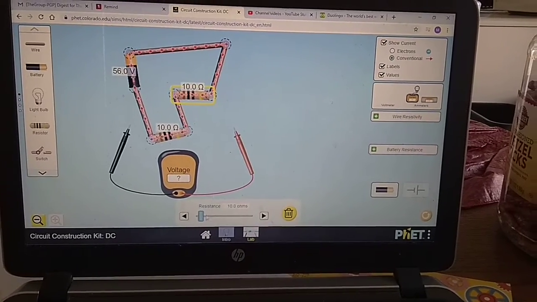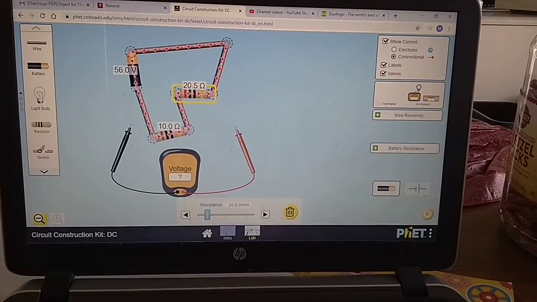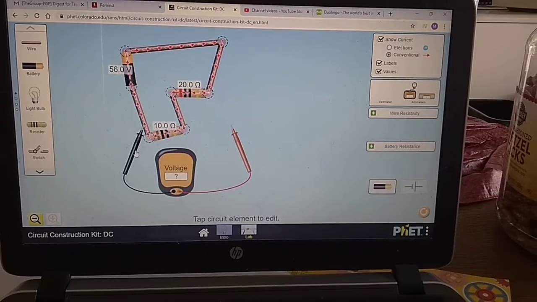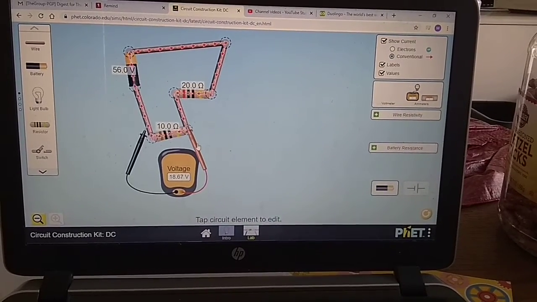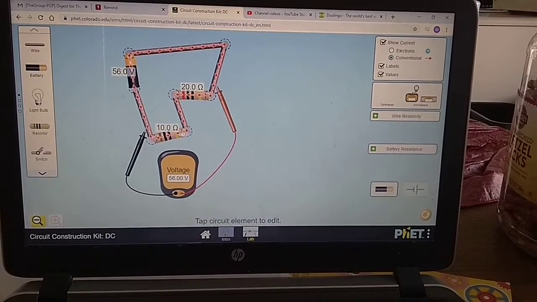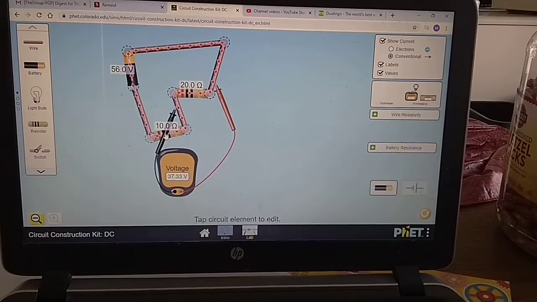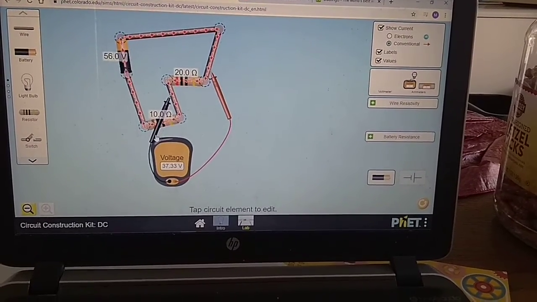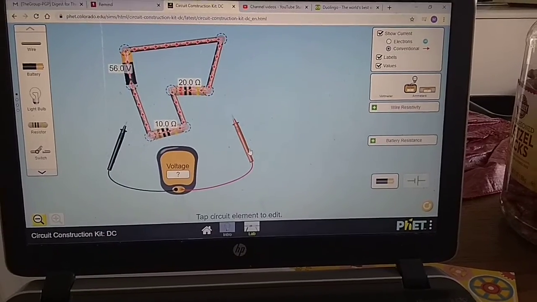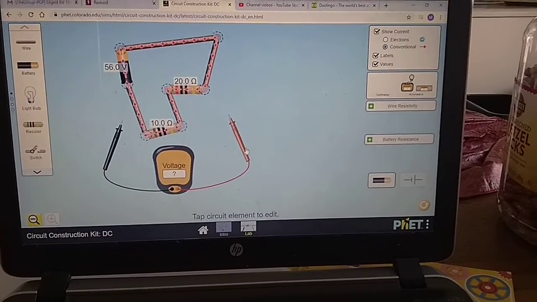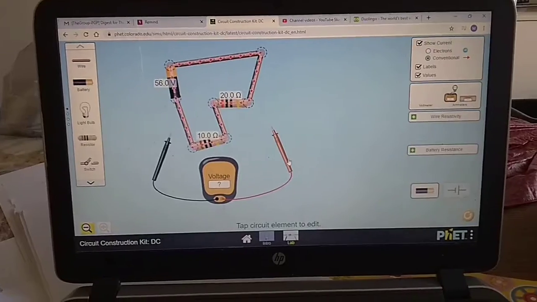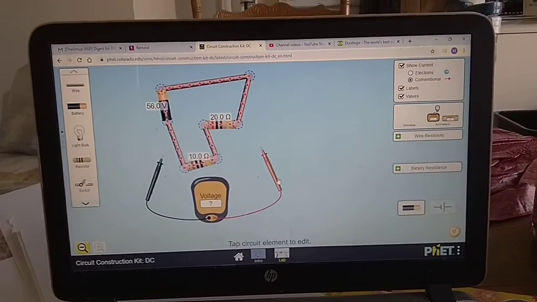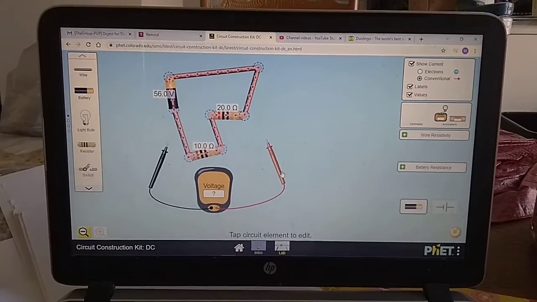Even if I change the resistance here, let's change this to 20, I should still find the same thing. 18.67, 37.33. Some quick math in my head tells me that adds to 56. So the voltage gain inside a battery is equal to the voltage drop elsewhere in the circuit.